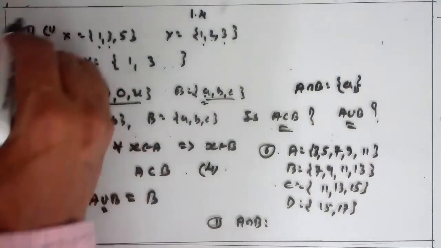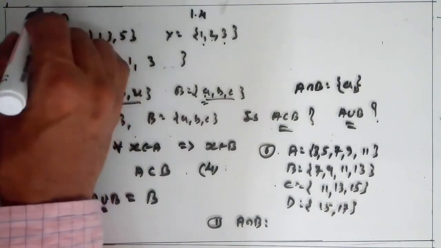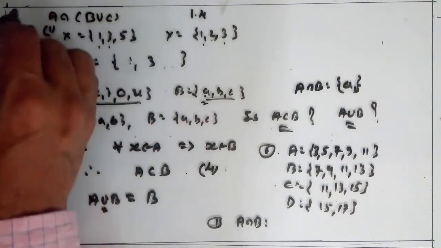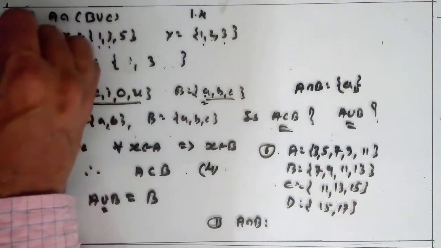A intersection (B union C). Think how to find this in number 6.